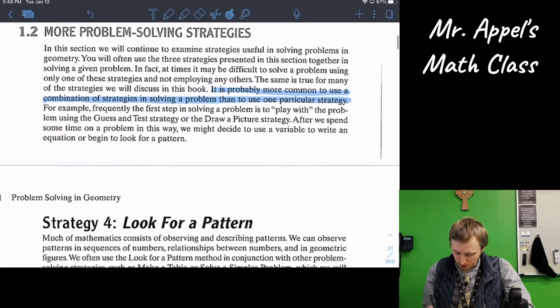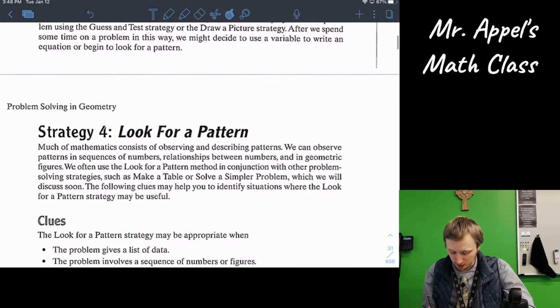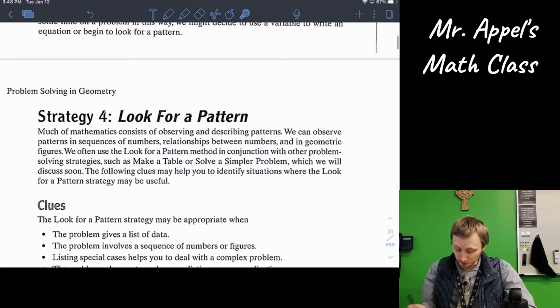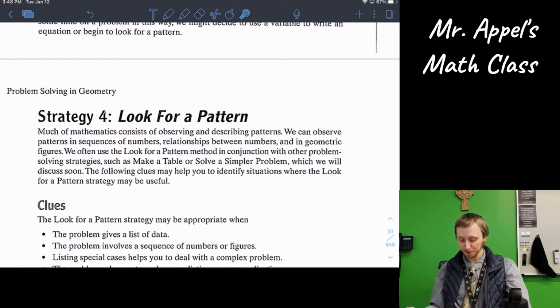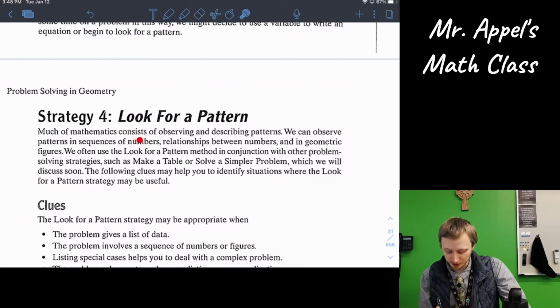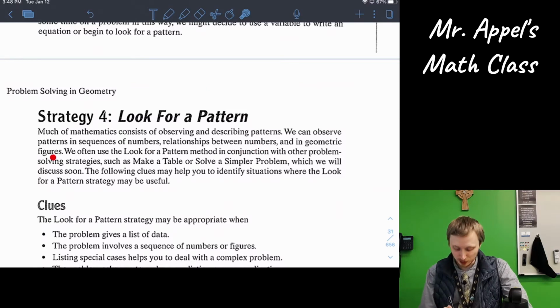So here, then, is our first tried and true strategy for the solution of this section. Number 4, look for a pattern. Much of mathematics consists of observing and describing patterns. We can observe patterns in sequences of numbers, relationships between numbers, and in geometric figures.